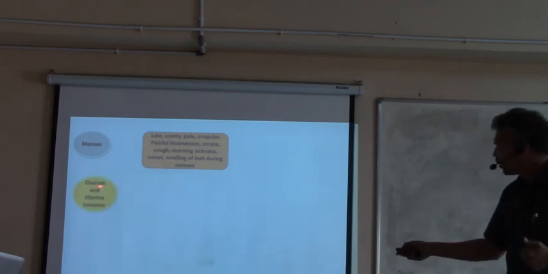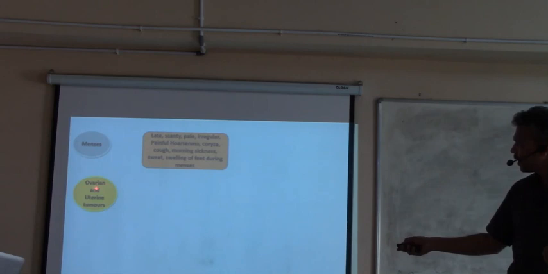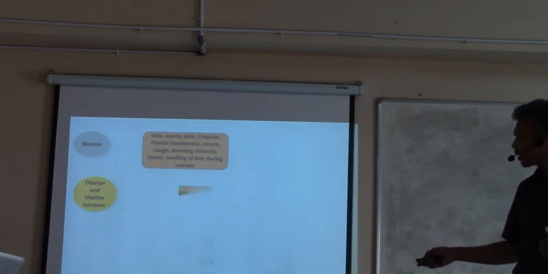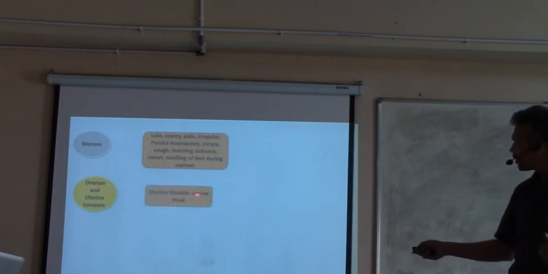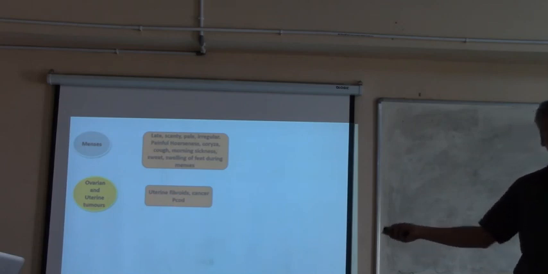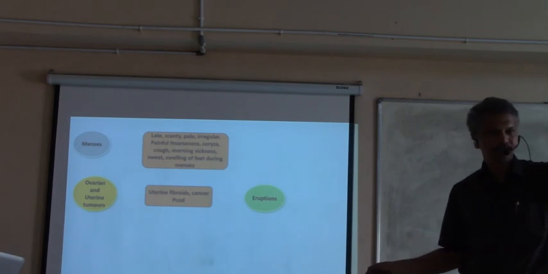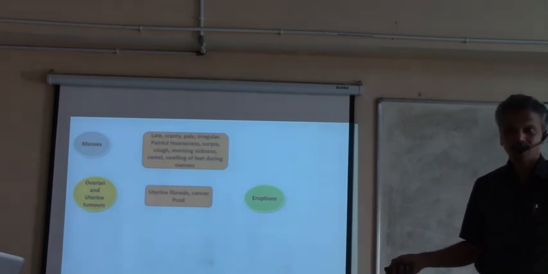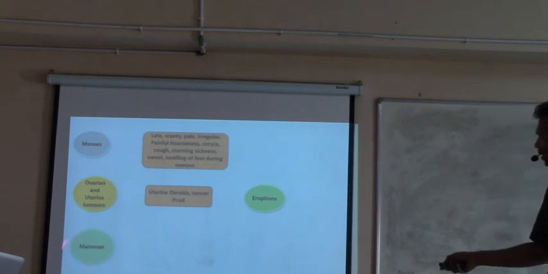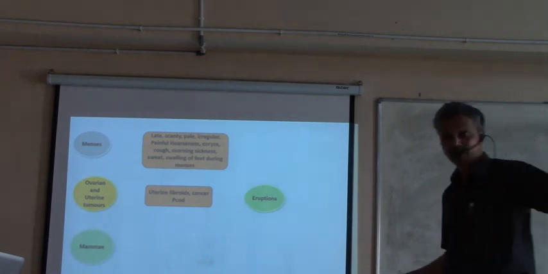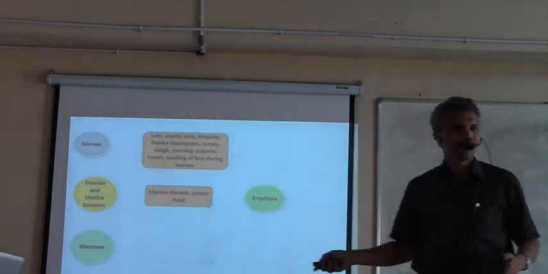When you look at the other part, ovarian and uterine tumors, we are talking of fibroids, we are talking of cancer, PCOD, PCOS, you can add, okay? And eruptions, nicely told by your friends, eruptions over vulva or cracks, fissures. And this is what your friend was trying to contribute.